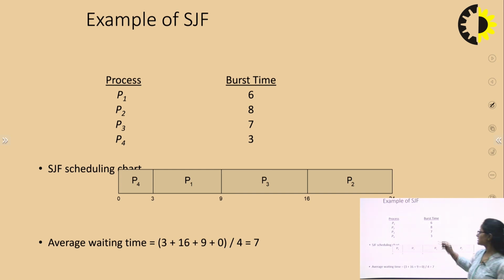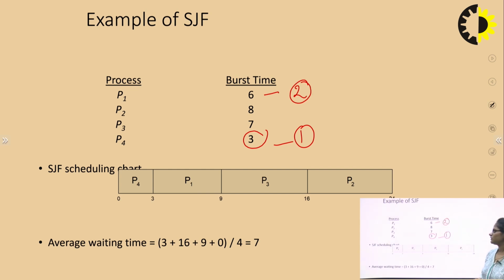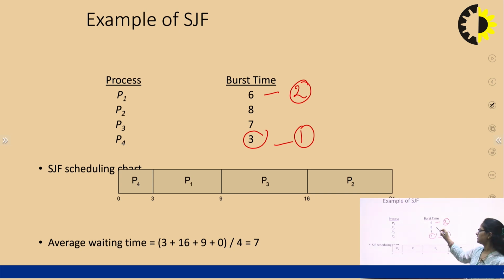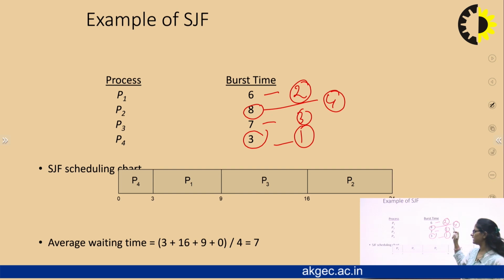The shortest burst time is of P4, so P4 will get the CPU first, then 6, so P1 will get it next, and then P3 according to the burst time, and at the end P2, because its burst time is the highest.